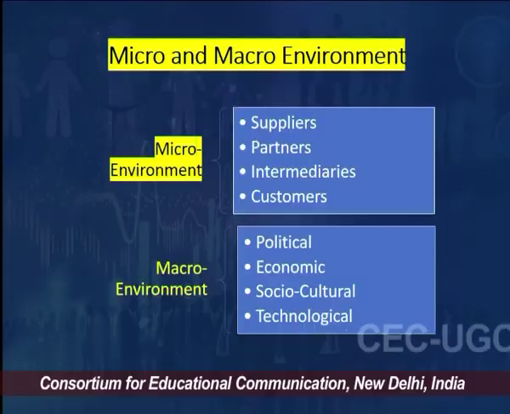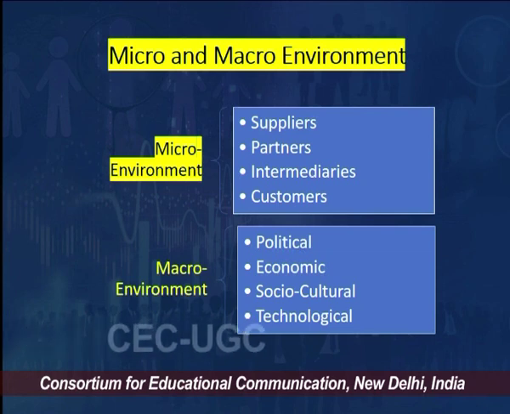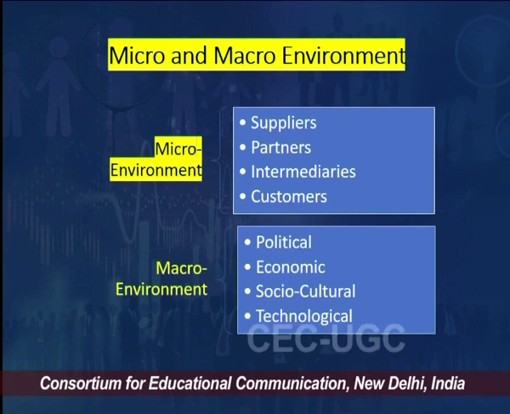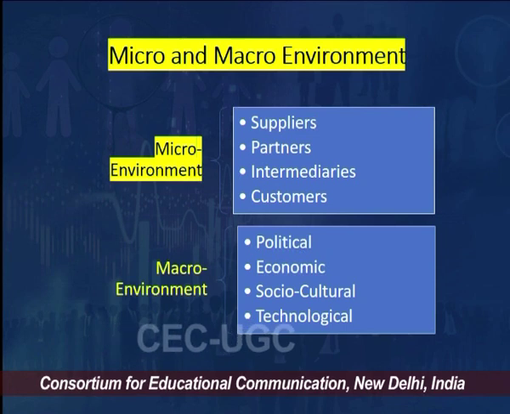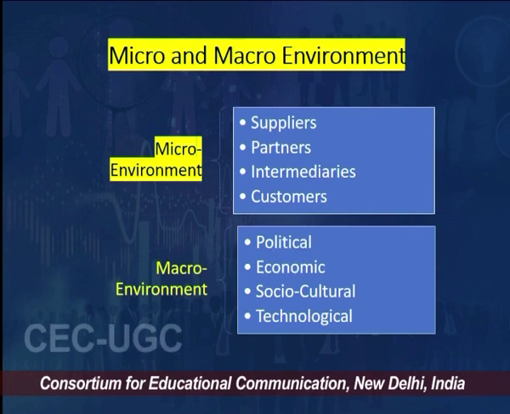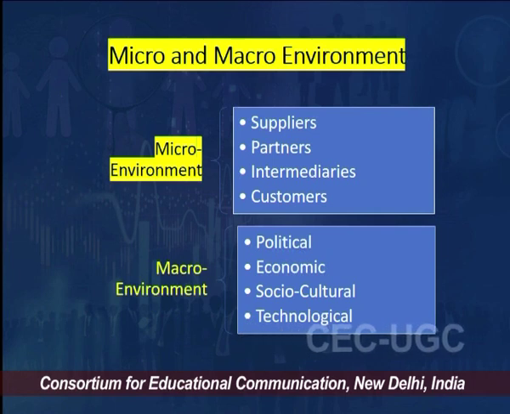So, if we look at it, we have micro and macro environment, and these micro and macro environments can further be classified into various heads. Let us take first the micro environment. What micro environment entails: all the activities and all the aspects which are going to affect a single unit or a single firm in the overall economy.